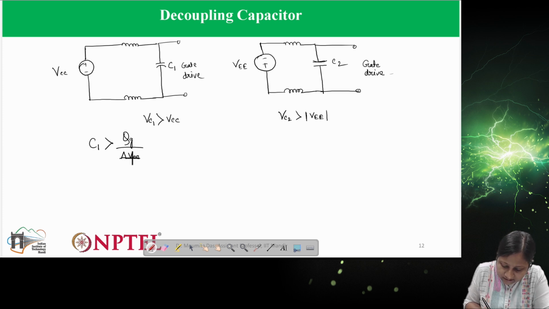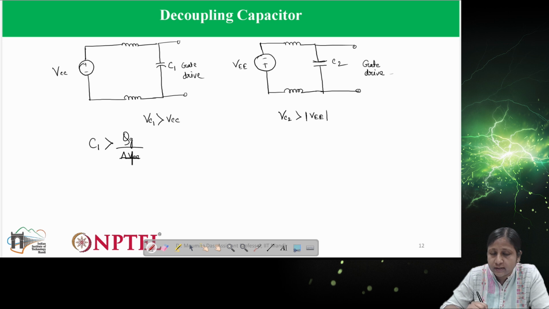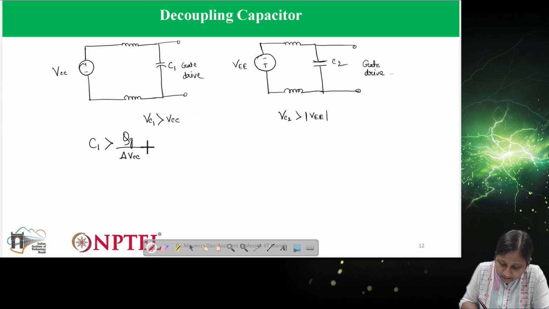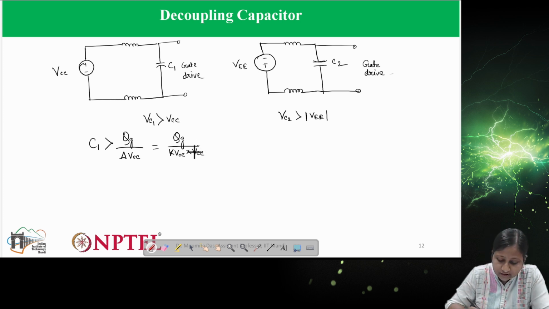If there is any variation in the input supply voltage, we have to consider that. Qg remains the same, it is the charge requirement for the input capacitance of the gate. Delta VCC is how much variation we want to allow, which we can consider as 2%, 3% or 5%. Based on that you can select the capacitance value.